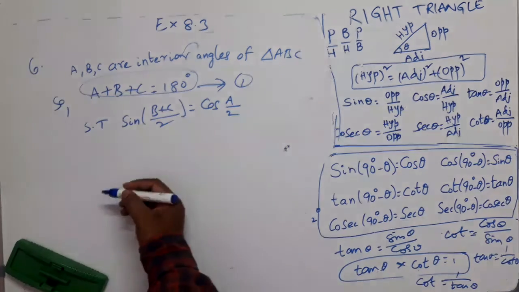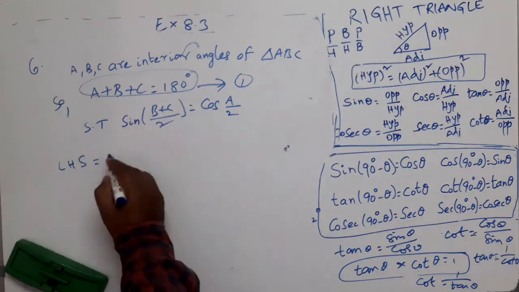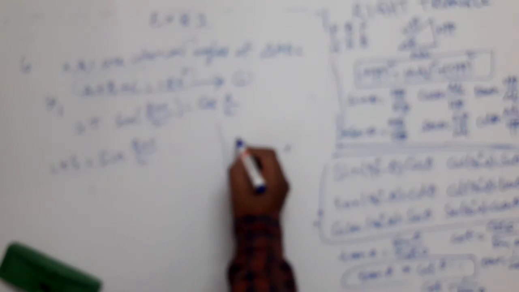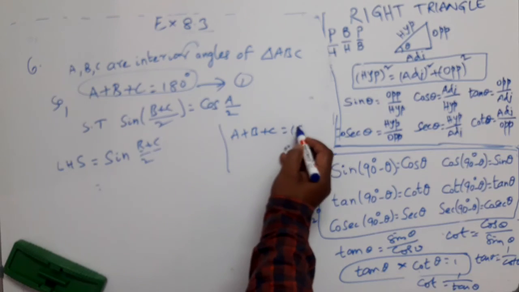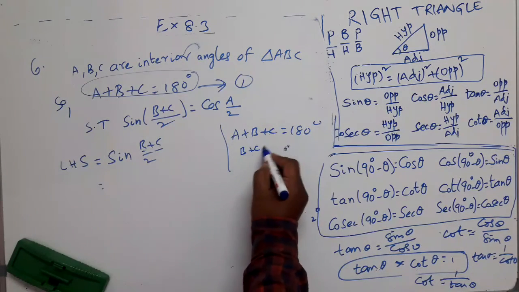So A plus B plus C is 180. We have left hand side part, LHS I have considered now. Sine of B plus C by 2. I have started here. Yes, see from 1, A plus B plus C is 180 degrees. I have B plus C here. So from this what can I write in the place of B plus C?